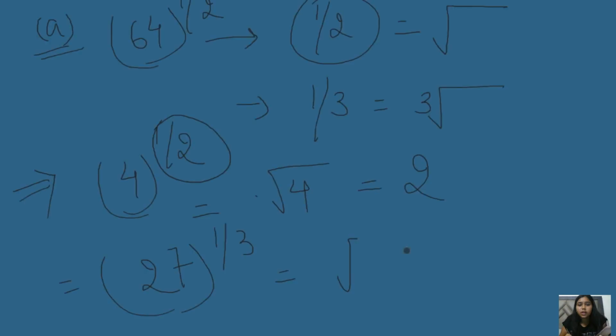If we are taking 4 raised to the power 1 by 2, then 1 by 2 means the square root, so it means square root of 4, which will be equal to 2. Similarly, if we are taking 27 raised to the power 1 by 3, it means it is the cube root of 27, and it comes out to be 3. This is how things are done in the case of laws of powers and exponents.